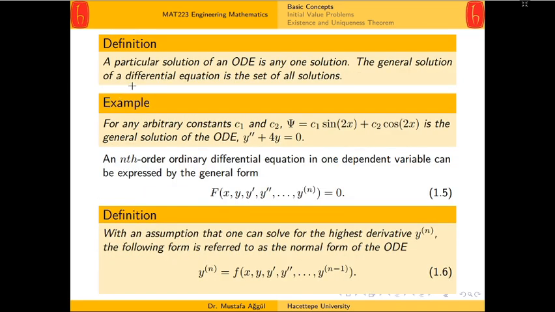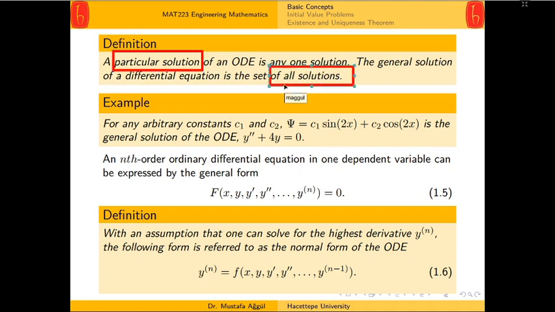Let's see a definition for what we call this sort of solutions. A particular solution of an ODE is any one solution. If we have any one solution to the ODE, we say we have a particular solution. The general solution of an ODE is the set of all possible solutions.